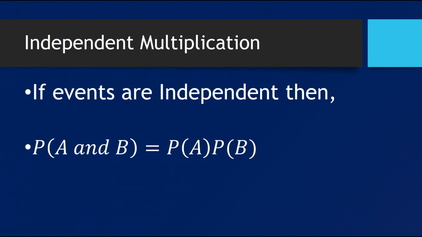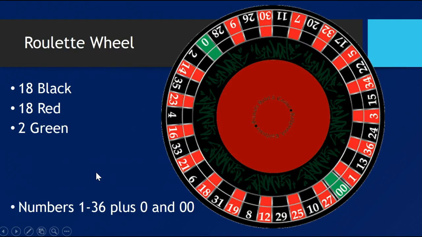So all we have to do to find the probability of A and B both happening is multiply the probabilities together, as long as the events are independent. All right, so let's take a look at an example here, specifically the roulette wheel.